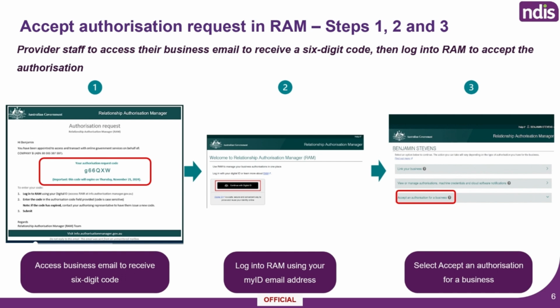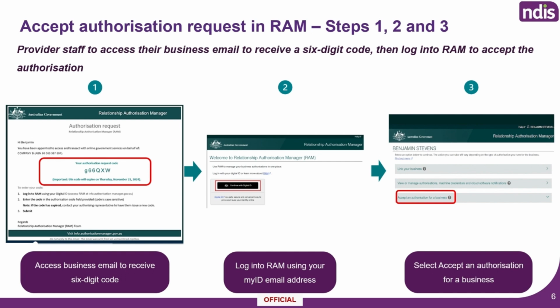For provider staff to accept an authorization request to get access to the NDIS provider portals, they will need to achieve a minimum standard identity strength in their myID. Provider staff will receive an email authorization request from the provider they work for with instructions on how to accept the authorization.